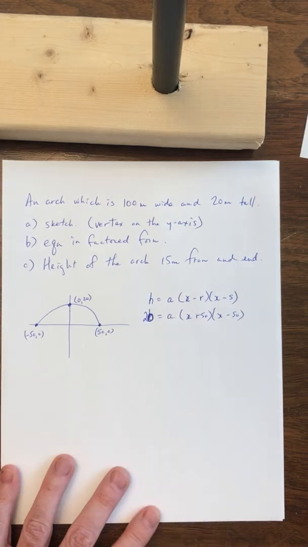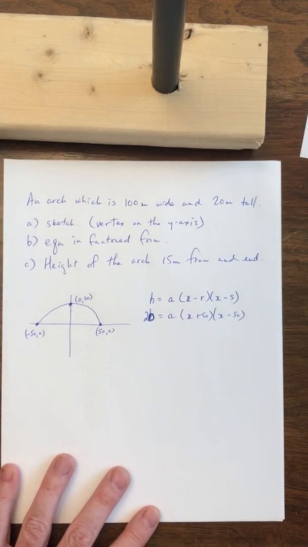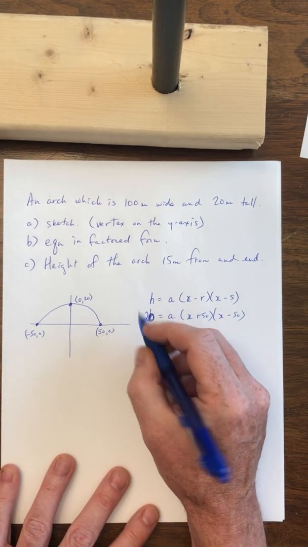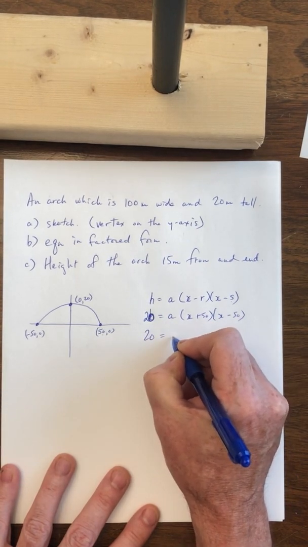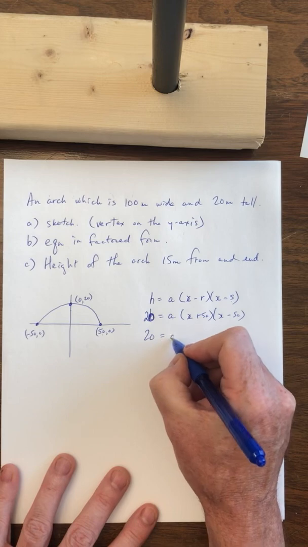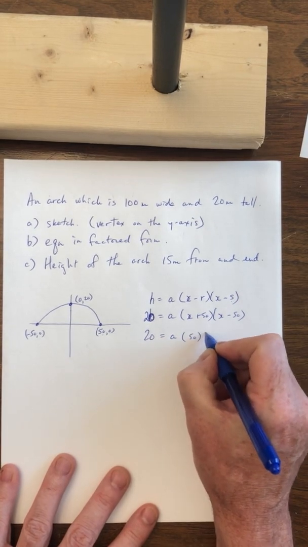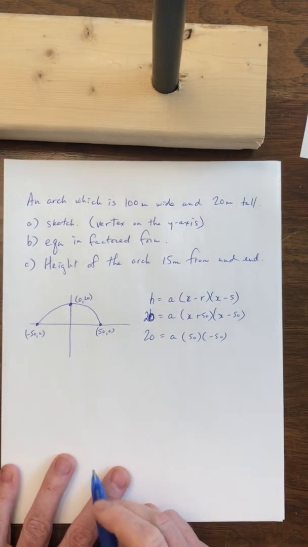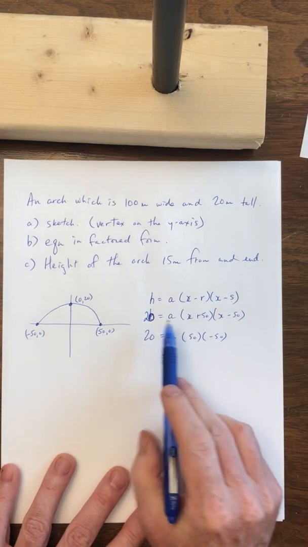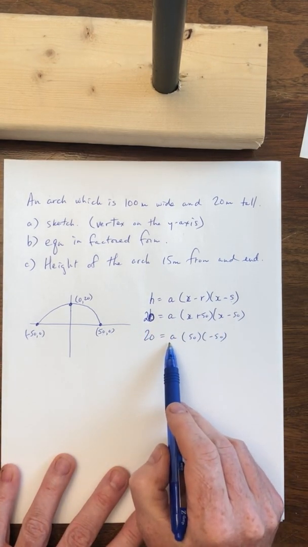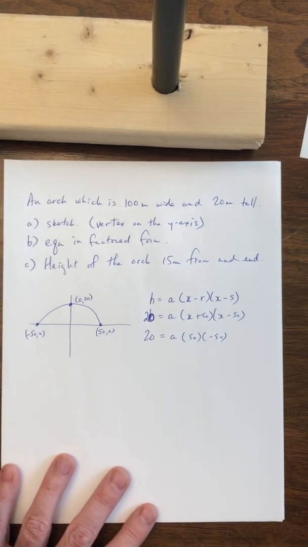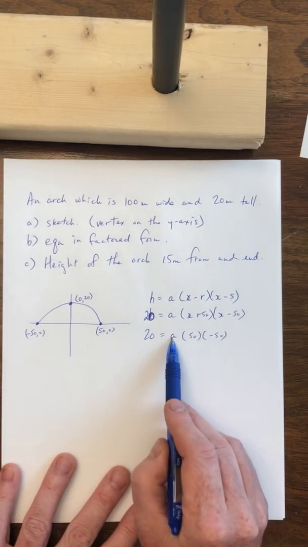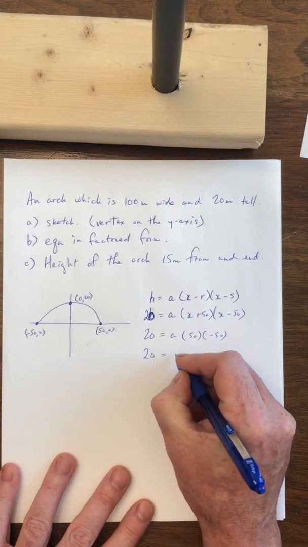And we need to determine the a, whether there is a stretch or a compression. You do not need this line, just simplifying it so you can see what we are going to multiply together. So 50 times -50 is -2500 times a. So 20 equals this.